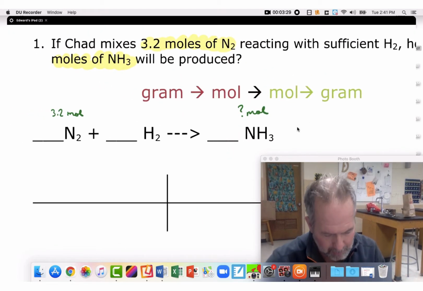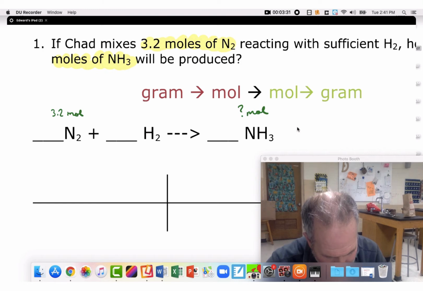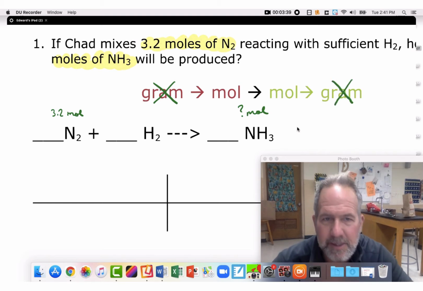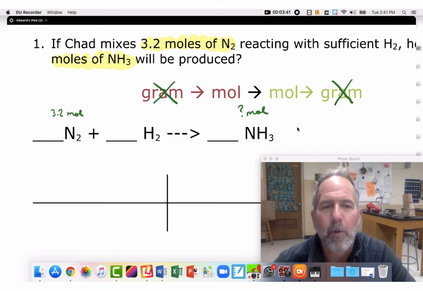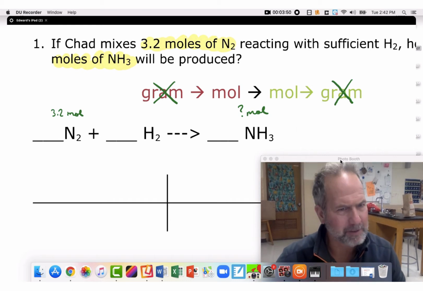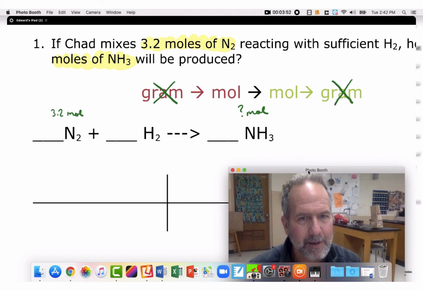If we're given moles, then we don't need to start with grams. If we're going to go to moles, we don't need to end in grams. We can stop and start where we want on this map, as long as we follow the pattern. You didn't think I'd say pattern so many times in this class, did you? Well, guess what? Buckle up.